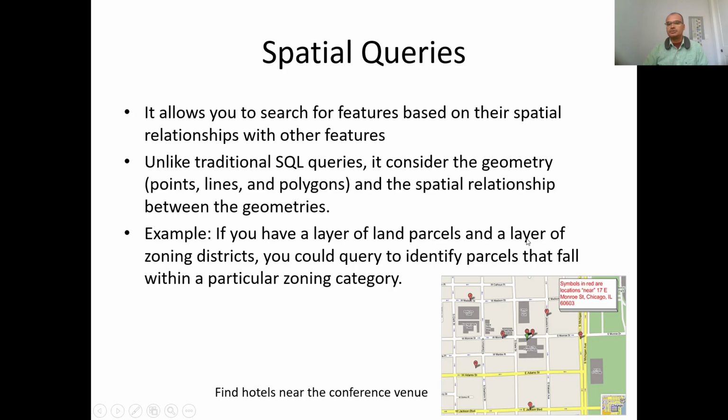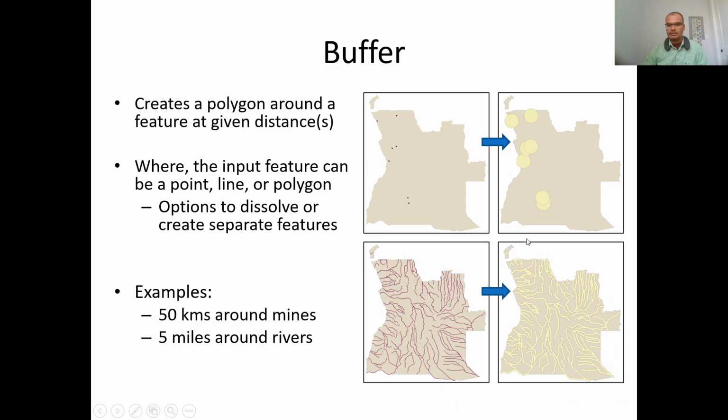You can filter the information based on this spatial approach. So most online mapping applications provide spatial queries directly or indirectly, and most of them do it at their back end.